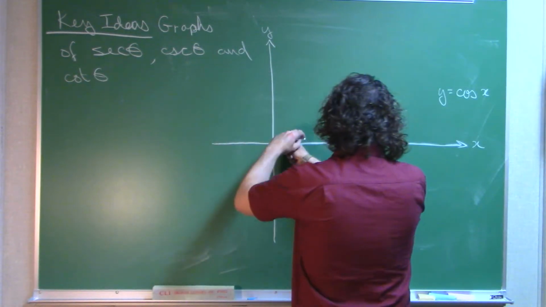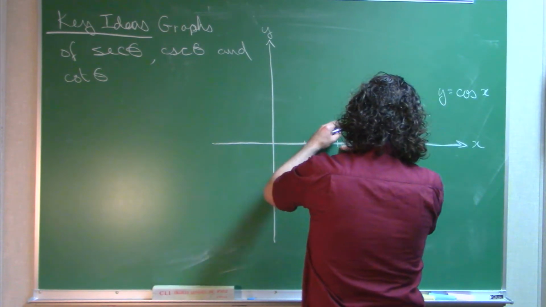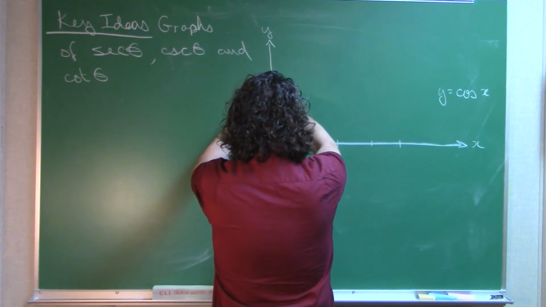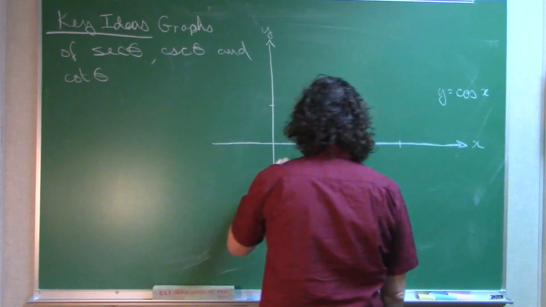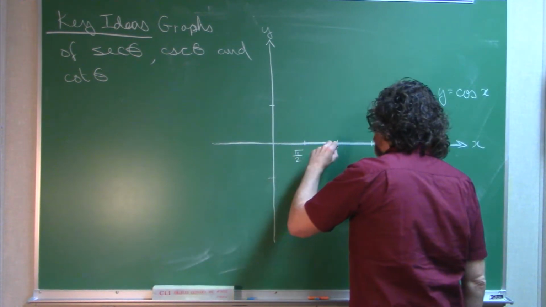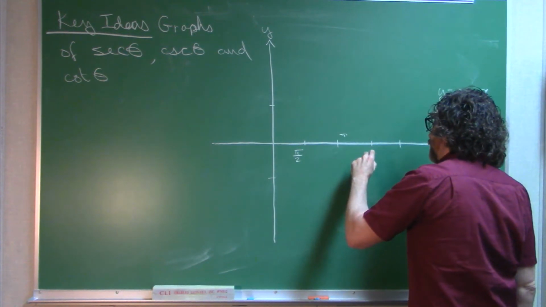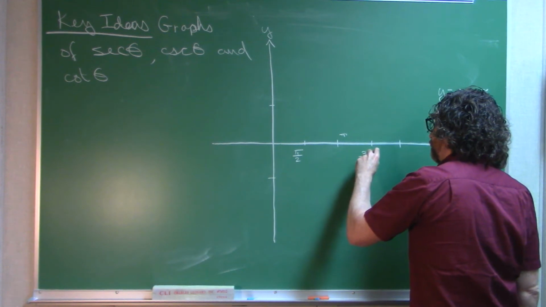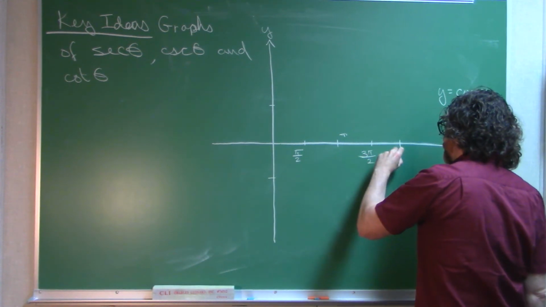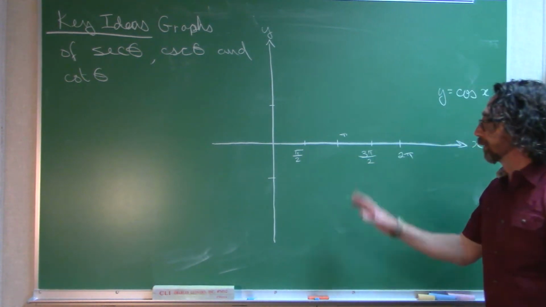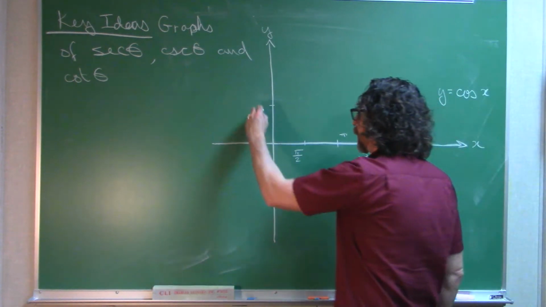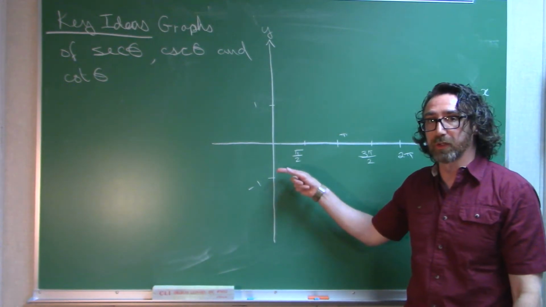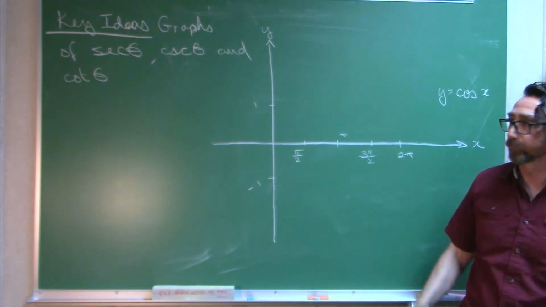The key points to pay attention to when you're dealing with the cosine function are multiples of pi over 2: pi over 2, pi, 3 pi over 2, and finally 2 pi. Those are all key places. And we remember that the cosine function's output values live between -1 and +1.